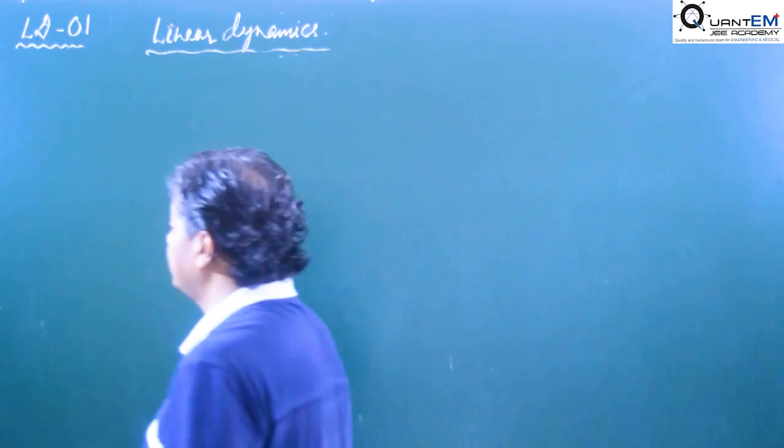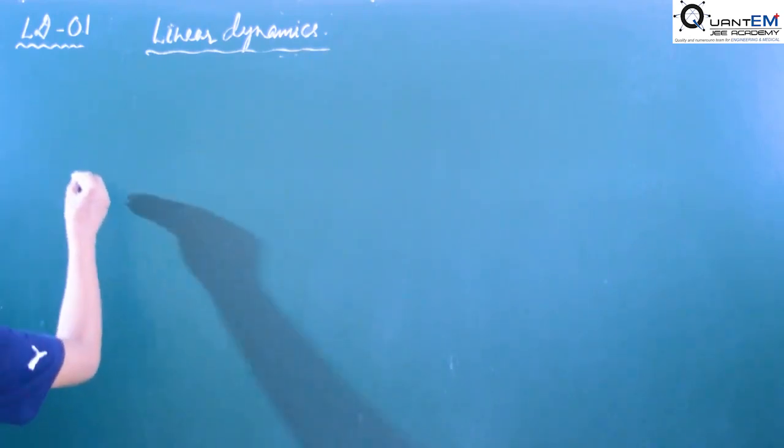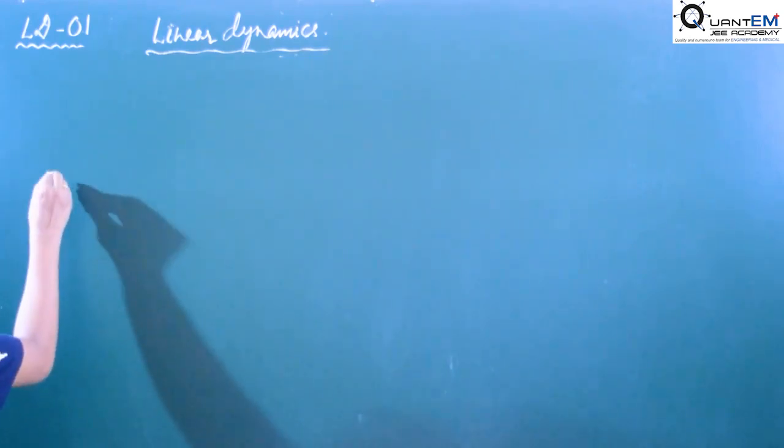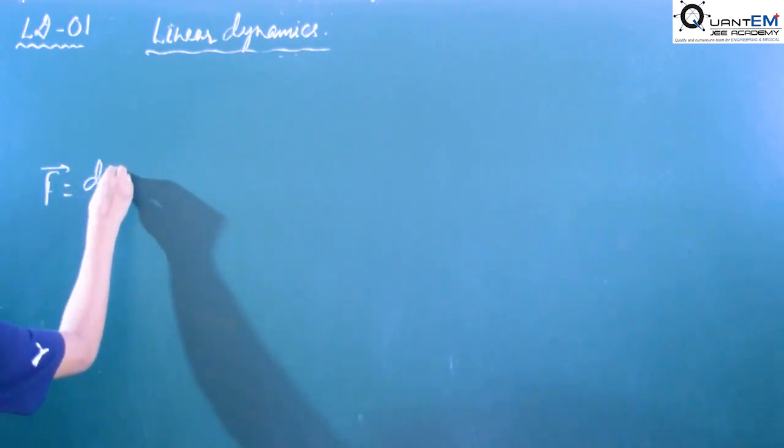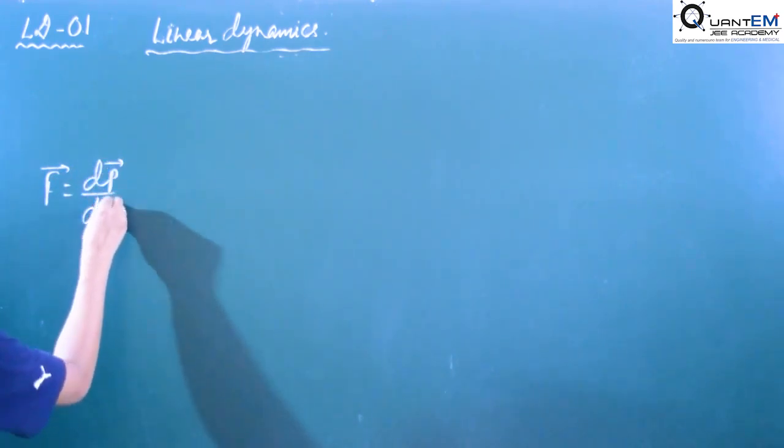Now we come to the next part. For force F, we have the rate of change of linear momentum, that is dp by dt.